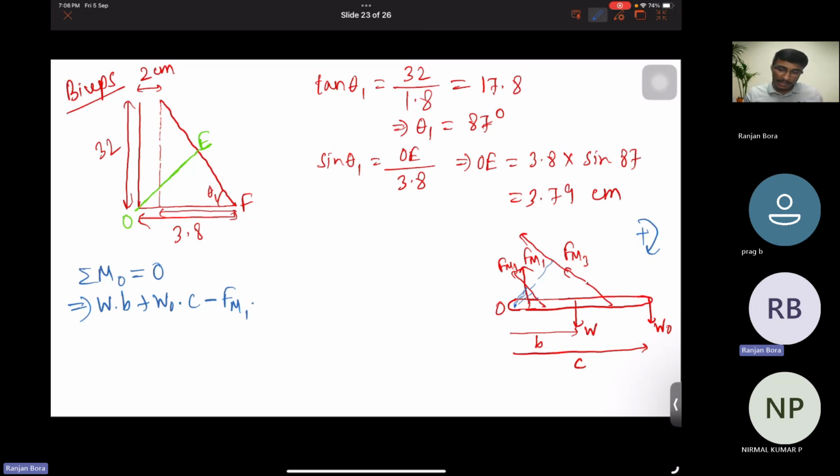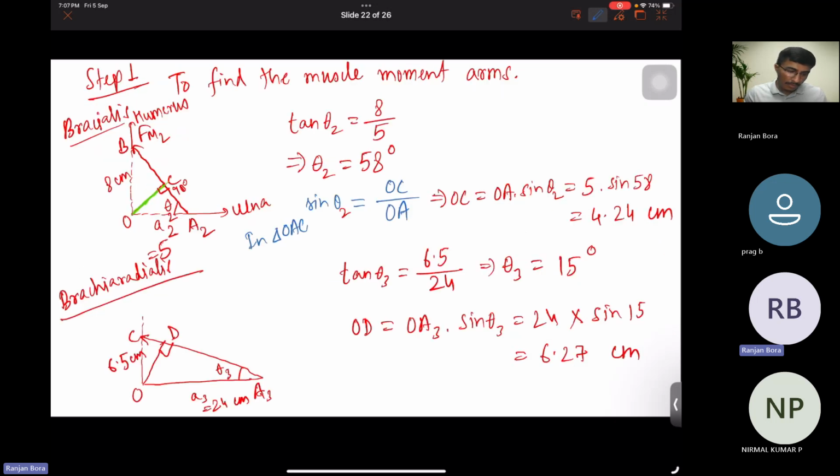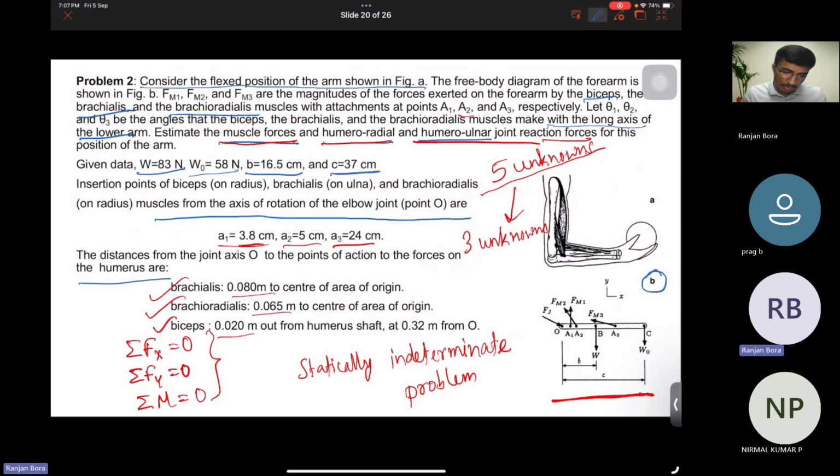So we have calculated this moment term. FM1 was the biceps muscle. For biceps muscle, the moment term was 3.79. This is the OE, 3.79. Then FM2 was brachialis.